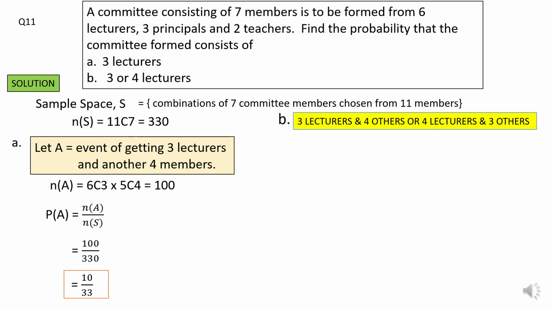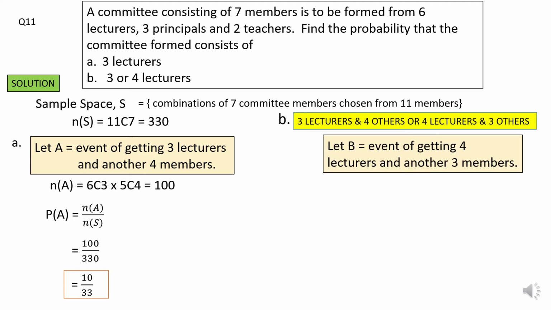Okay, so for the second outcome, we have 4 lecturers and 3 others. Okay, first define the event. So let B be the event of getting 4 lecturers and the other 3 members. Okay, so number of event B equals to 6C4 because 6 lecturers, choose 4 lecturers, and replace the word 'and' with times 5C3.